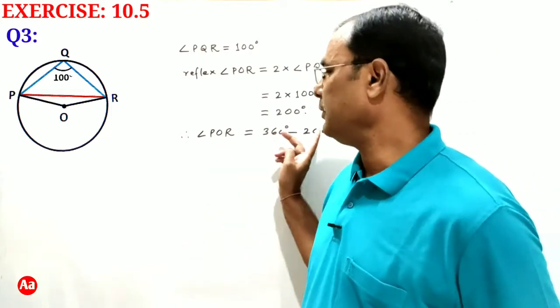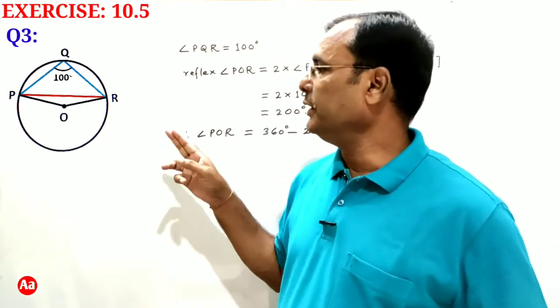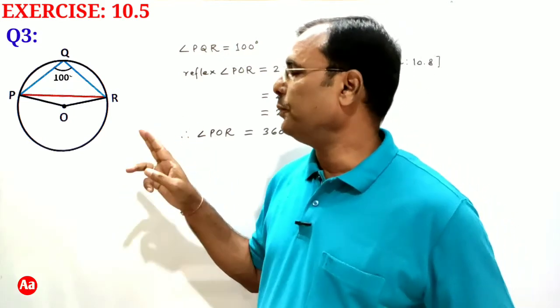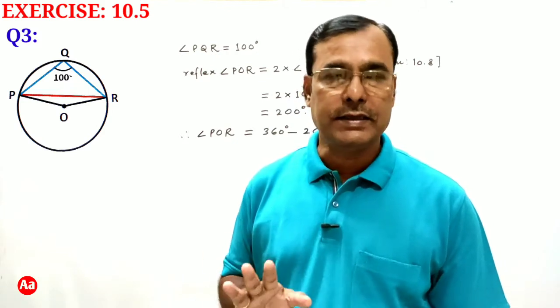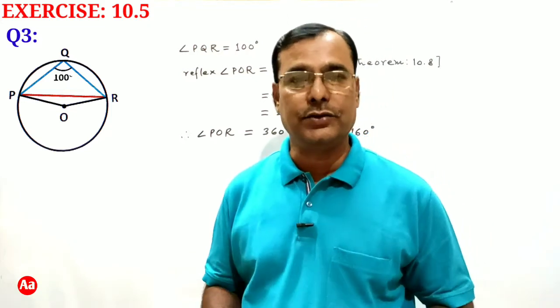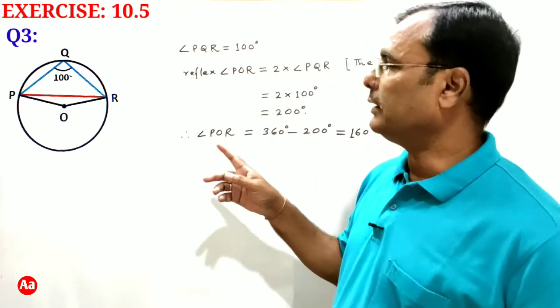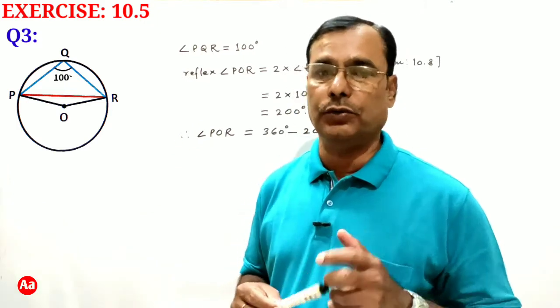Angle POR we have got 160 degrees, and O is center of the circle, so OP and OR they will be equal, being radii of the same circle. That means triangle POR is an isosceles triangle. So angle OPR and angle ORP both will be equal.